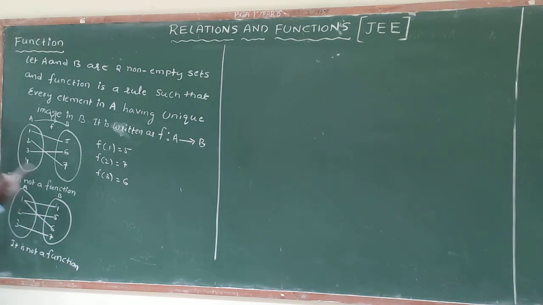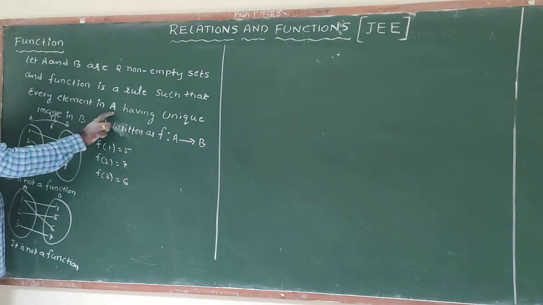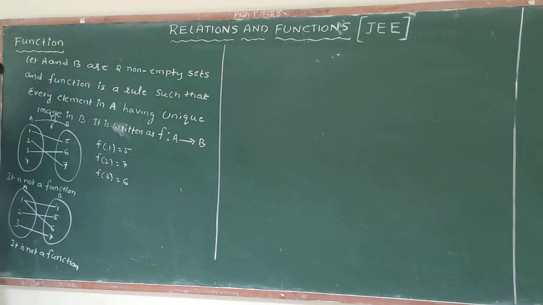Every element has images now, but I told you every element in set A must have a unique image. But observe, how many images does 1 have? 2 images. 1 has image 4, and 1 has image 6. A single element must not have 2 images, but here a single element has 2 images, that's why it is not a function.